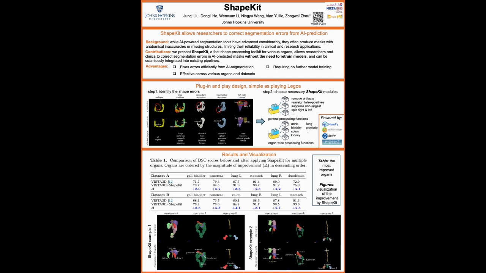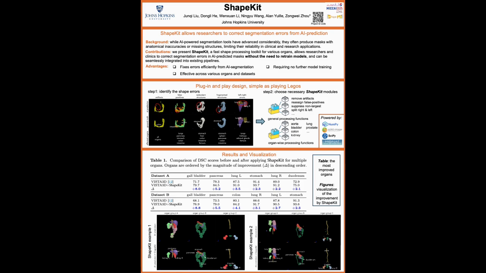Here, ShapeKit provides 2 general module groups that contain general processing functions and organ-wise processing functions. The general processing functions are valid for all the organs across the body, and the organ-wise processing functions are the ones specifically for some organs. After having all these modules, the users can organize their own pipeline and integrate it into their own system.